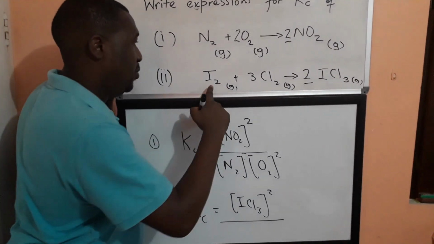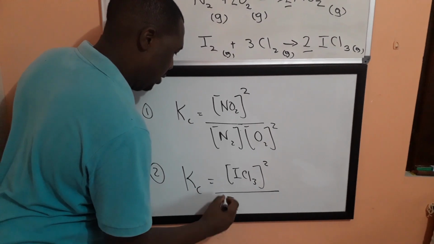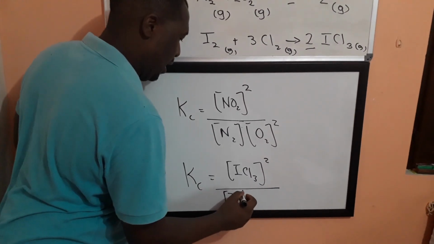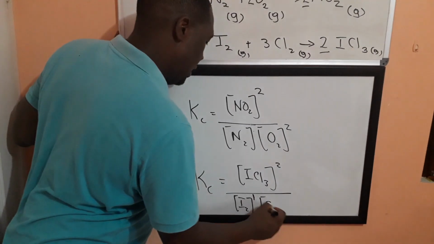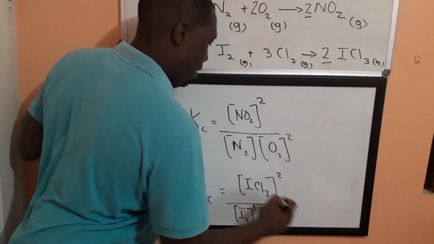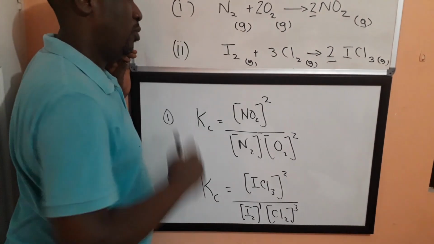And we have 2 reactants, iodine, which is I2, stoichiometric coefficient 1, we don't need to put that, but we can put it if we want. And Cl2, stoichiometric coefficient 3. So there we have it, the equilibrium expressions for 2 equations.